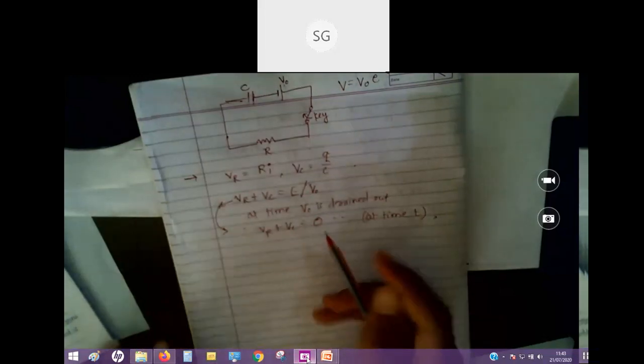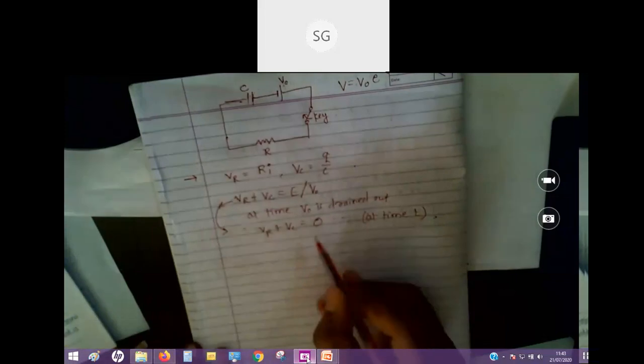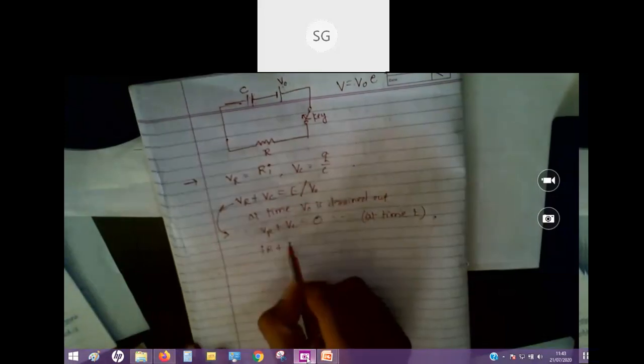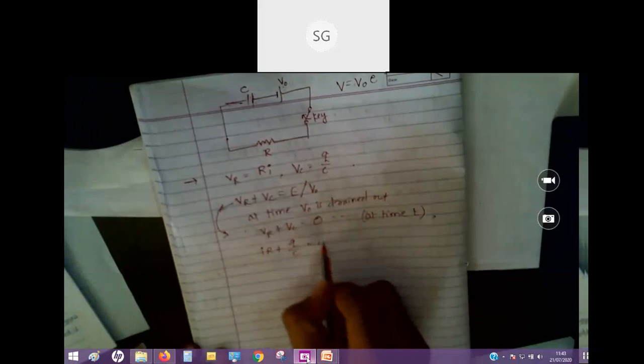Now VR has the value IR, so IR plus Q by C is equal to 0.